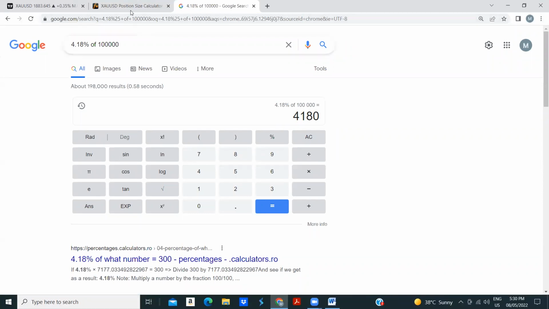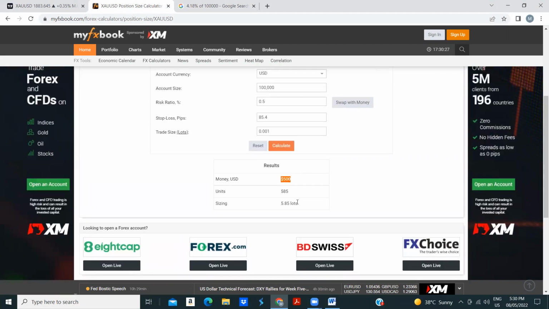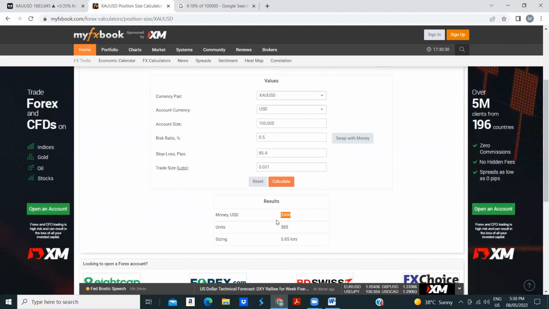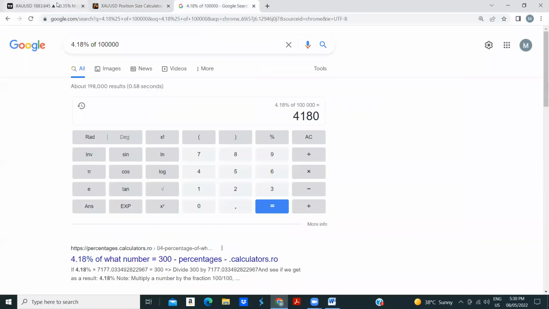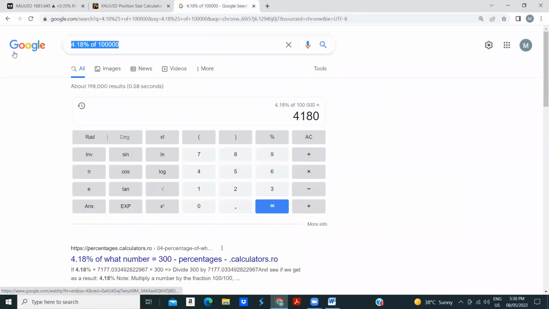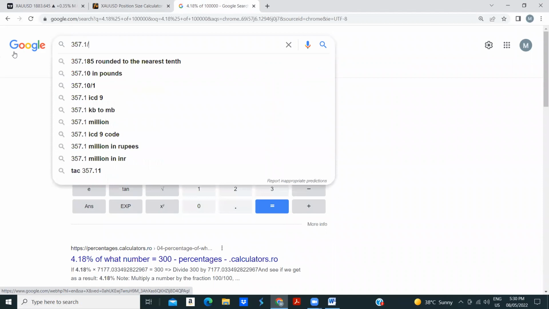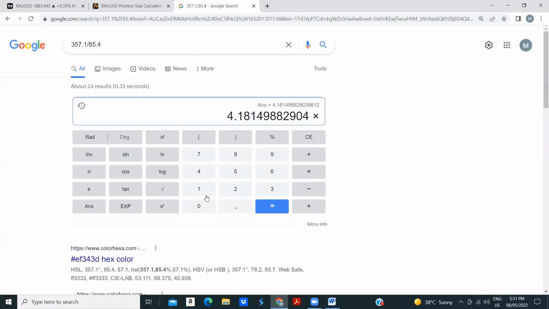Here it says on 85.4 pips, you would make 500 as the price goes. And here you can see how many pips you make, 357.1. So you calculate 357.1 divided by 85.4. The answer would be 4.18.